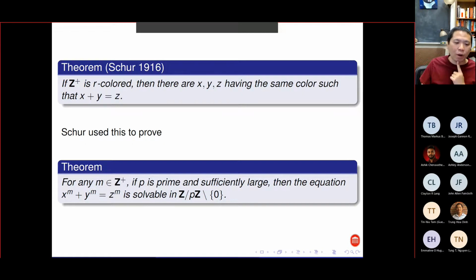But what if we ask for solutions in the cyclic group Z over pZ? Or in other words, we're asking for congruence modulo p. Then can we find a solution? And it turns out that yes, we can. That's the result of Schur, and he used the above theorem to deduce this result.